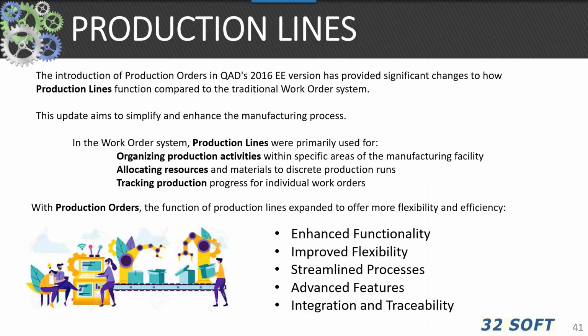The introduction of production orders in 2016 brought significant changes to how production lines function compared to the traditional work order system. Previously, prior to 2016, production lines were used primarily for organized production activities, allocating resources and tracking progress.